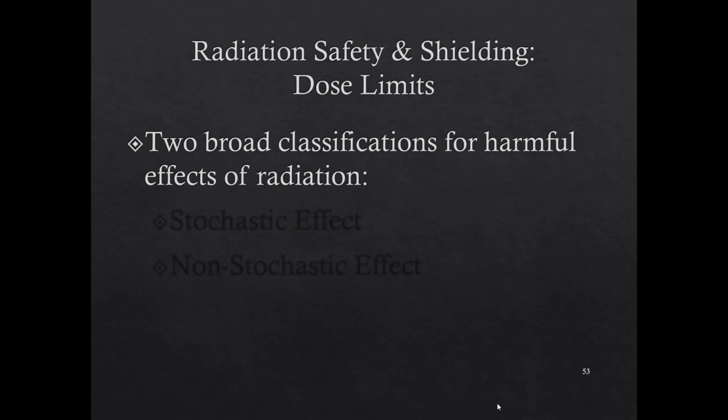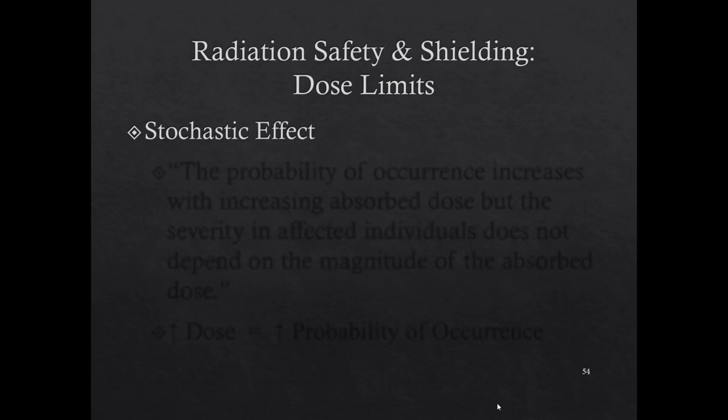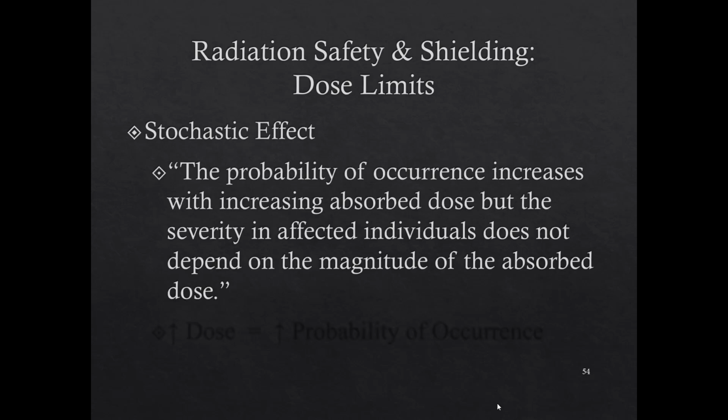So what we do is we classify harmful effects of radiation in terms of 2 different schools of thought. We have the stochastic effect, which is like a probabilistic effect, and the non-stochastic effect. For stochastic effects, we see that the probability of occurrence increases with increasing absorbed dose, but the severity in affected individuals does not depend on the magnitude of the absorbed dose.